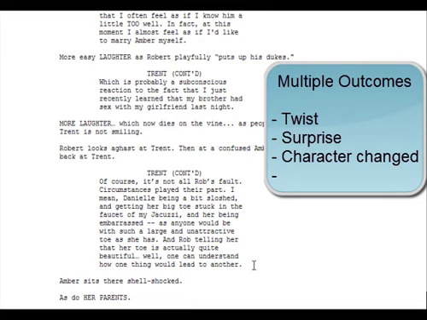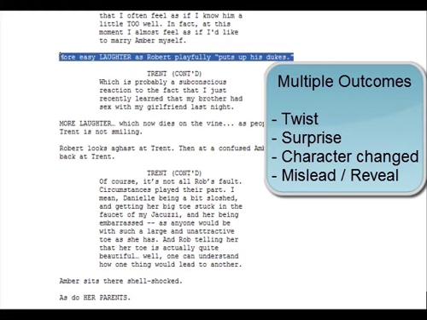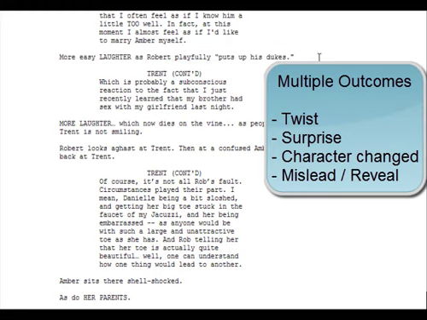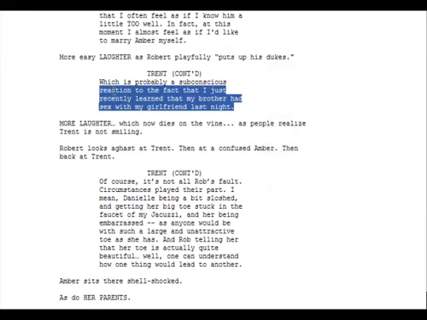He was saying all these nice, wonderful things, and he suddenly is doing a different thing. And number four, everything above this line was a mislead, and this is the reveal. When he says my brother slept with my girlfriend last night, that's the reveal of what's going on here. So a whole bunch of things happen at once there.